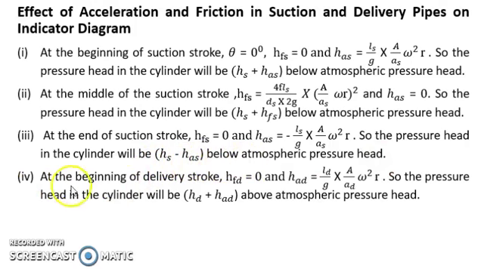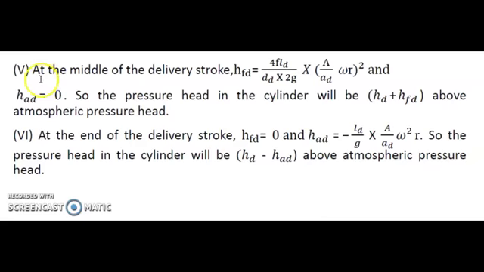We also know that at the beginning of the delivery stroke, HFD is equal to 0 and HAD is equal to LD upon g multiplied by A upon AD omega square R. So the pressure head in the cylinder will be HD plus HAD above atmospheric pressure head.